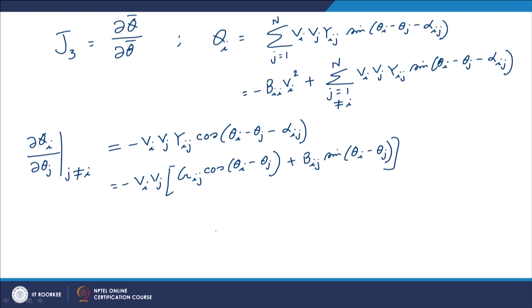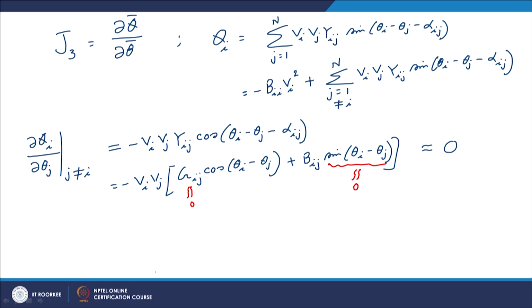And we have already seen in the last lecture that this part is 0 and this part is almost equal to 0. Therefore, this is also almost equal to 0.